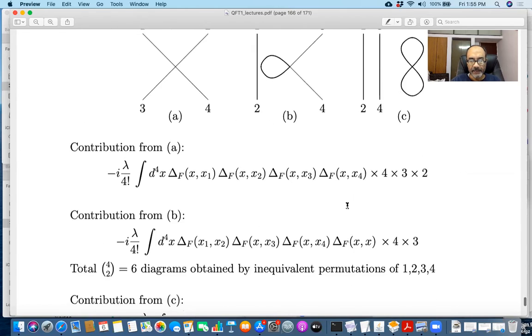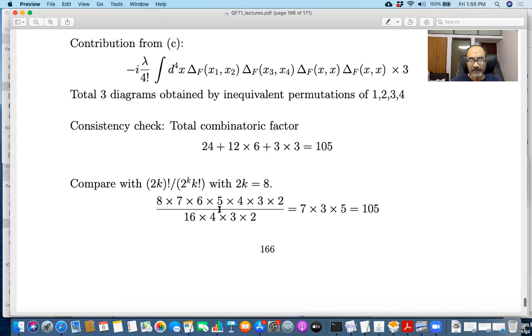So this number you can calculate, and you see that indeed it's 105, and this gives you confidence that you have included all the diagrams. Because if you didn't include all the diagrams, this number would be less than this.